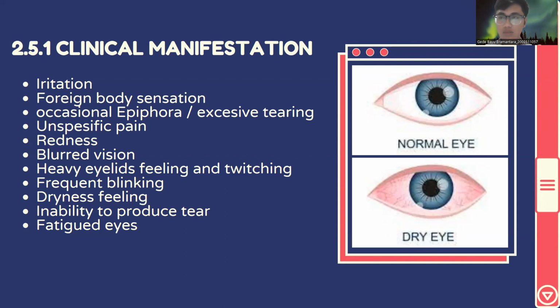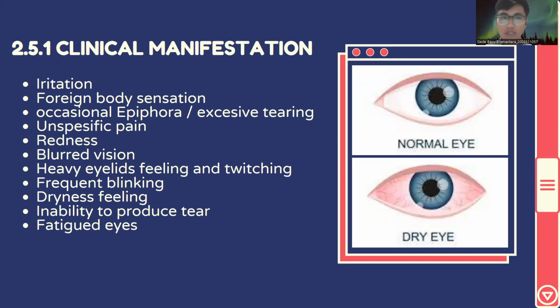Actually, dry eye syndrome is quite tricky to differentiate from infection, allergic response, or any other systemic causes. Also, the clinical manifestations listed below can vary from mild to severe.